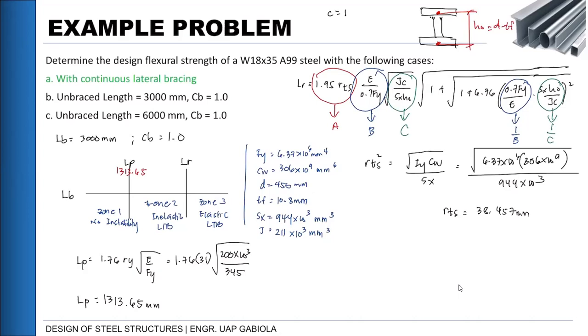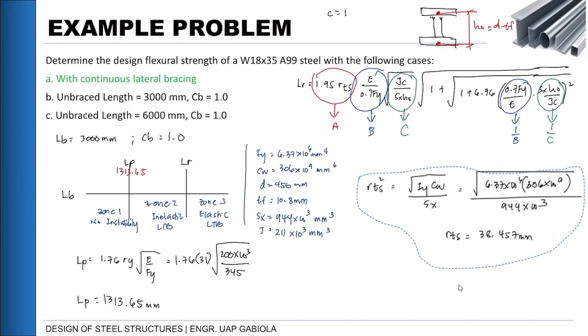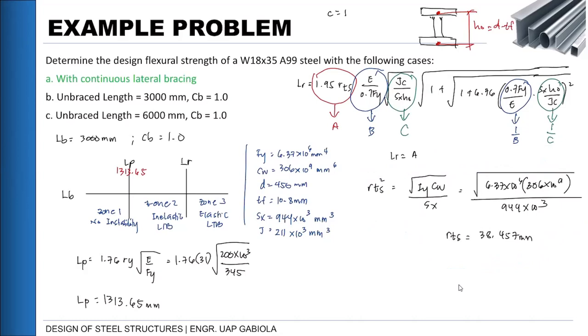So, mangyayari doon sa formula natin ngayon, it will be much simpler na, no? To input, hindi ka na magkakamali or less na yung mistake, no? Yung probability na magka-mistake ka. Kasi ang i-input mo na lang sa LR will be A, B, square root of C, square root of 1 plus 6.76 times 1 over B times 1 over C squared. Yeah. So, ganyan na lang yung formula mo. Okay? So, let's do that.